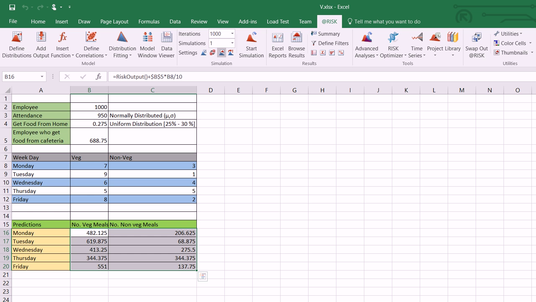It gives me the exact number of meal packs that need to be prepared across the week with this distribution, and the number of people attending the office and getting food from the cafeteria. So this helps a quick optimization for the cafeteria food. That model is a simple template, a simple example of how we can optimize a solution.